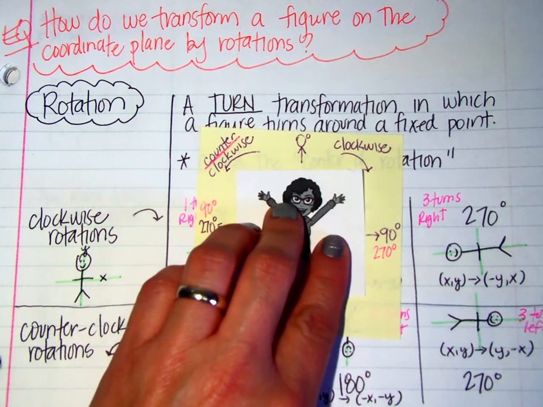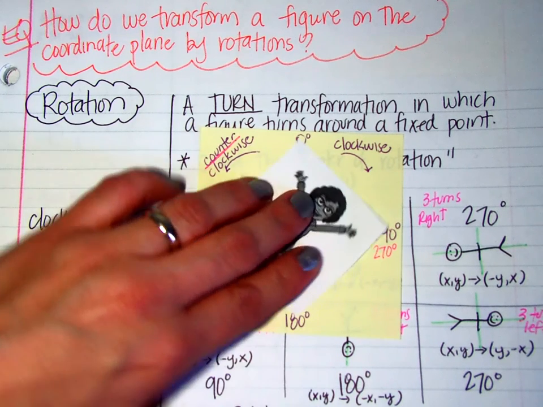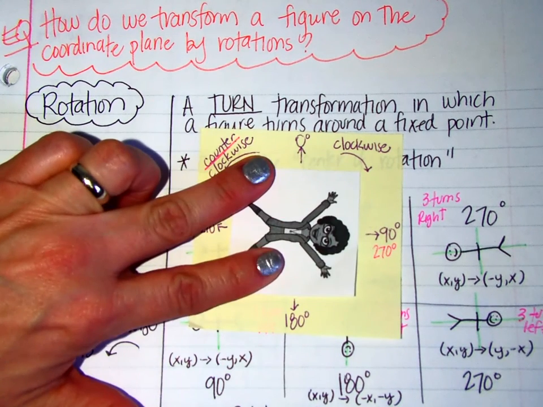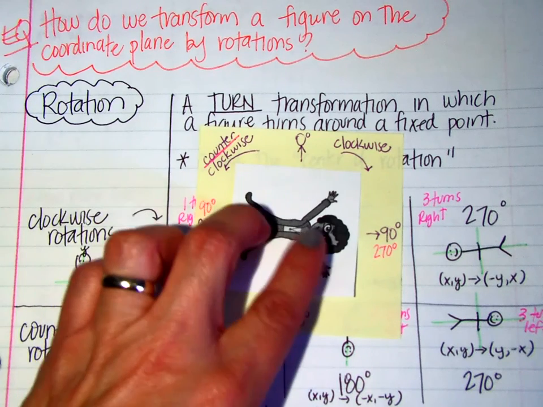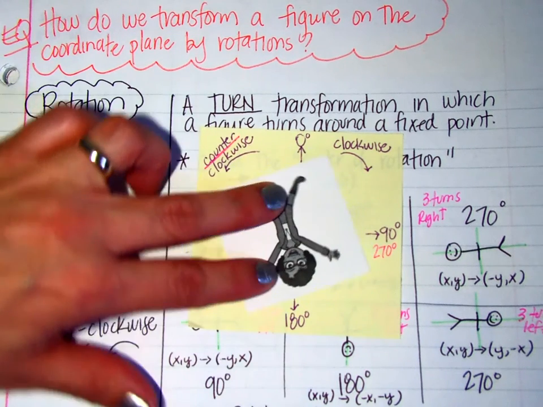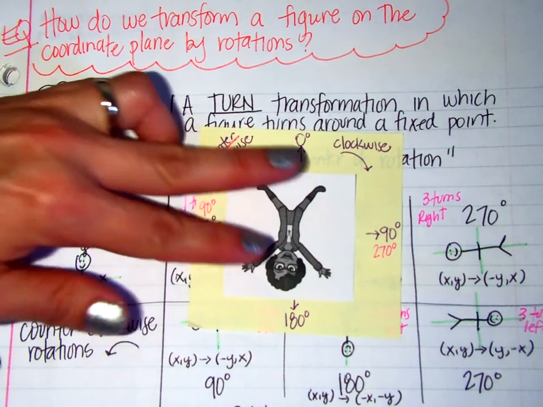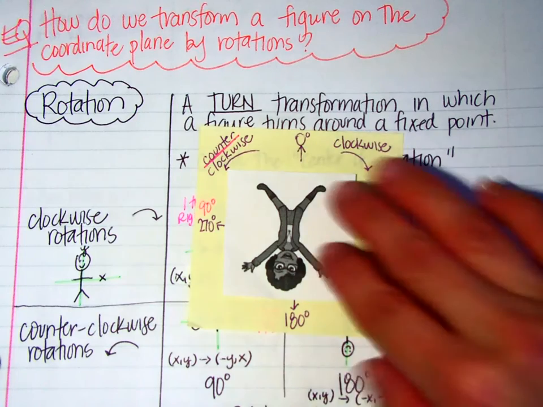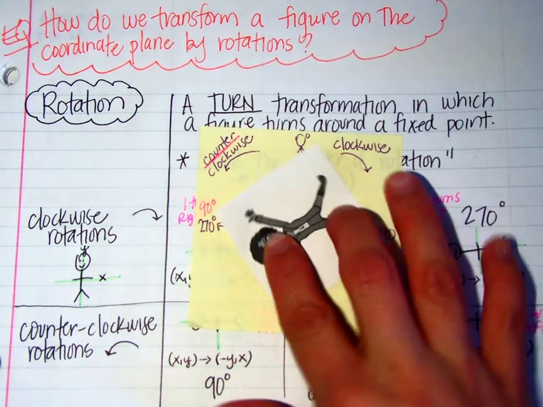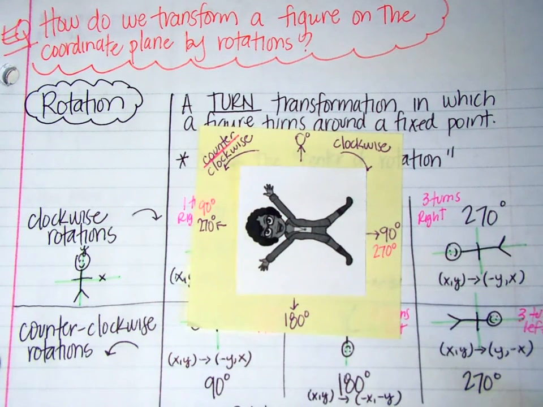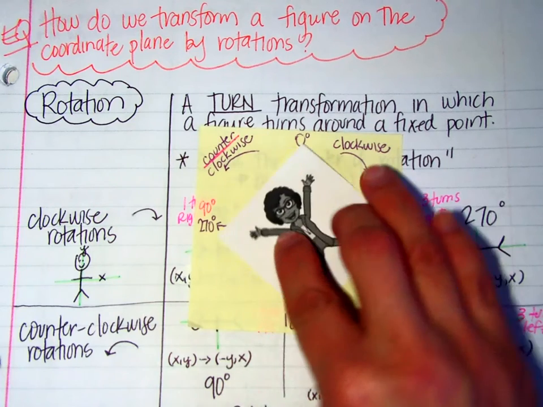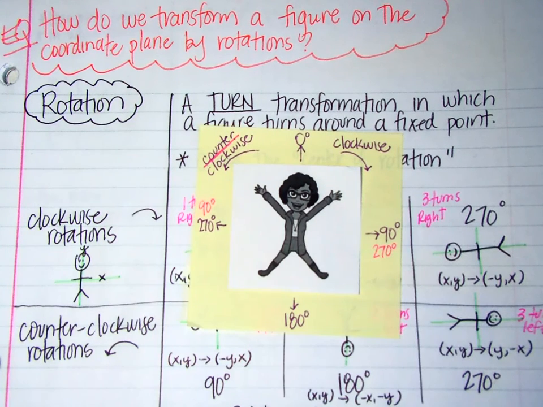One turn clockwise or one turn to the right would make it so that I look like this. 180 degrees or two turns would make it so that I am now upside down. 3 turns clockwise would make it 270 degrees, and I would now be facing to the left. And if I do a full 360, then that brings me back to my original position.